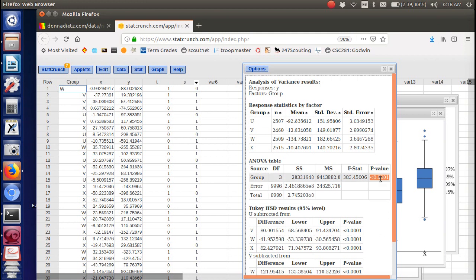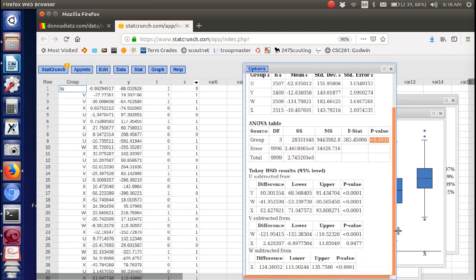So what this is telling you, because the ANOVA p-value is so small, it's saying something is different, but I'm not going to tell you what. Very well then, I'm going to look at the subtracted differences and see, is U different from all of its friends? Yep, U is different from all of them because you have very small p-values for all of these comparisons.